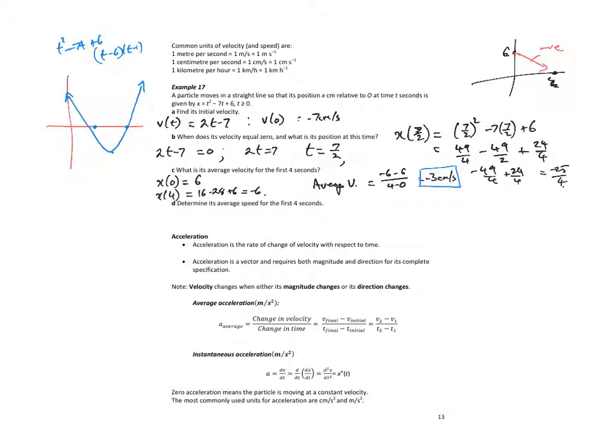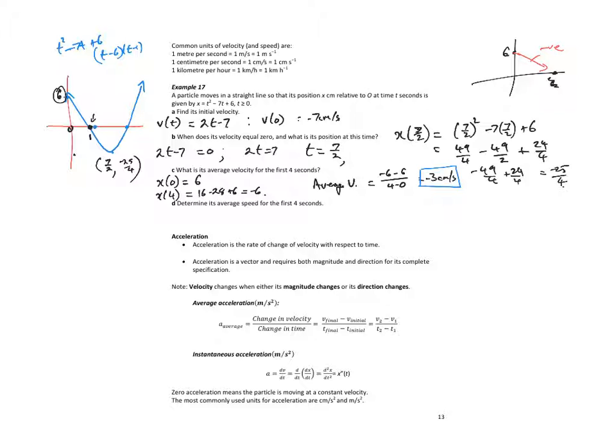Now don't forget that this doesn't mean that my particle was travelling down a hill. What it means is that at 0 seconds, I was 6 centimetres in a positive direction. As it turns out, 1 second later, I've got back to the origin. And then my turning point is at 7 on 2, negative 25 on 4.